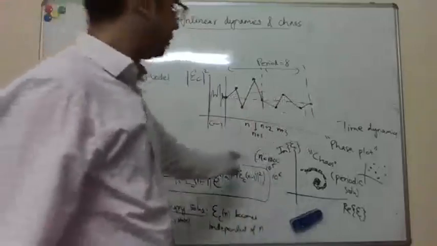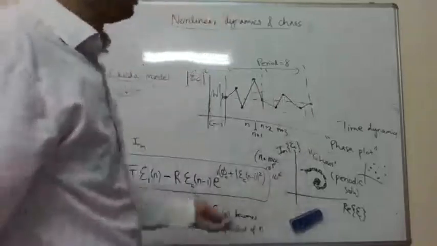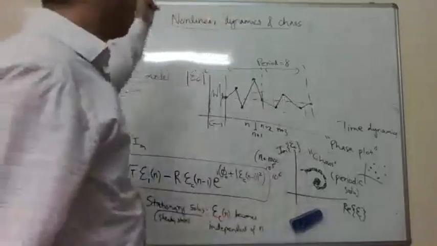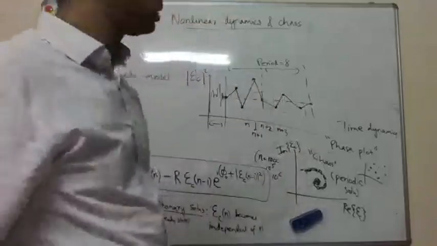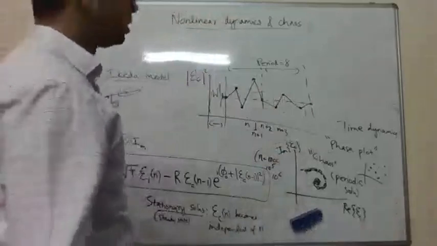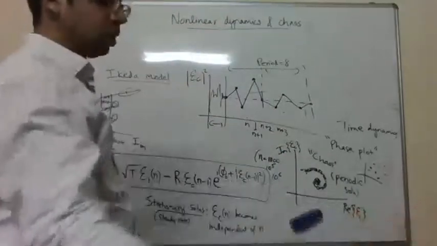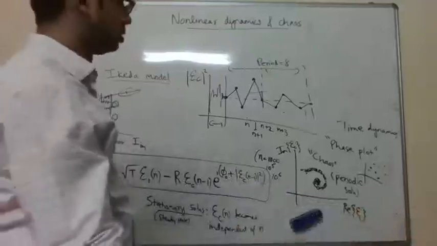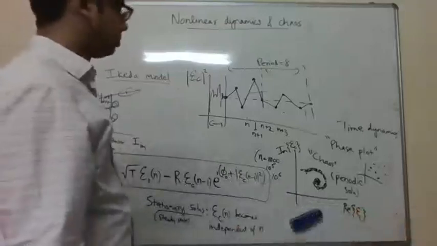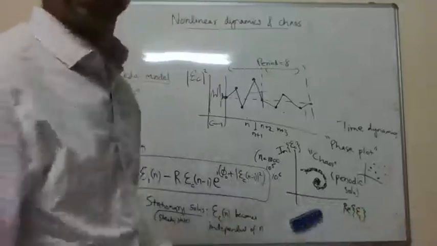Everything is deterministic, but you just lose the ability to predict the output, just from the complicated nonlinear dynamics. So this is called chaos. Chaos is a system where long-term prediction becomes impossible even though your system is deterministic.